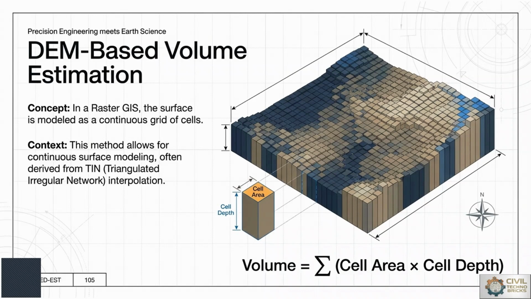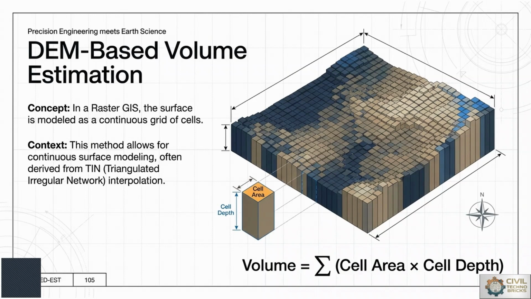The concept of cell area and cell depth: each cell in the grid has a fixed horizontal area and a specific vertical depth or elevation value. By treating each cell as a 3D block, civil engineers can calculate the volume of specific slices of a landscape or a water body.